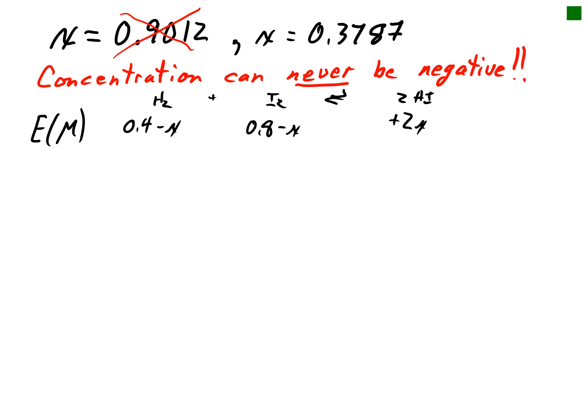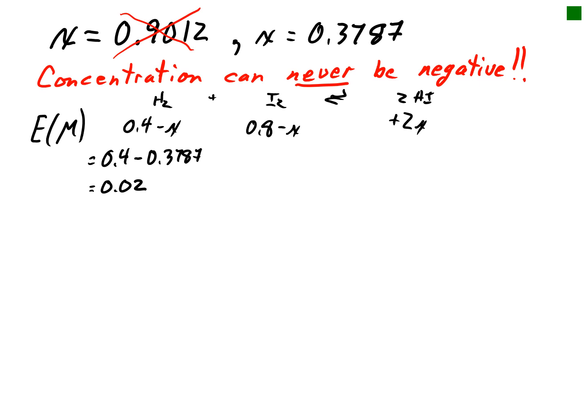So, therefore, the value is going to be 0.4 minus 0.3787. And because I look back at my original sheet and I can only have two significant figures, when I do my subtraction, I'm going to get 0.40 minus 0.3787, that's going to round to 0.38, and it's going to be 0.02 moles per liter for the hydrogen.